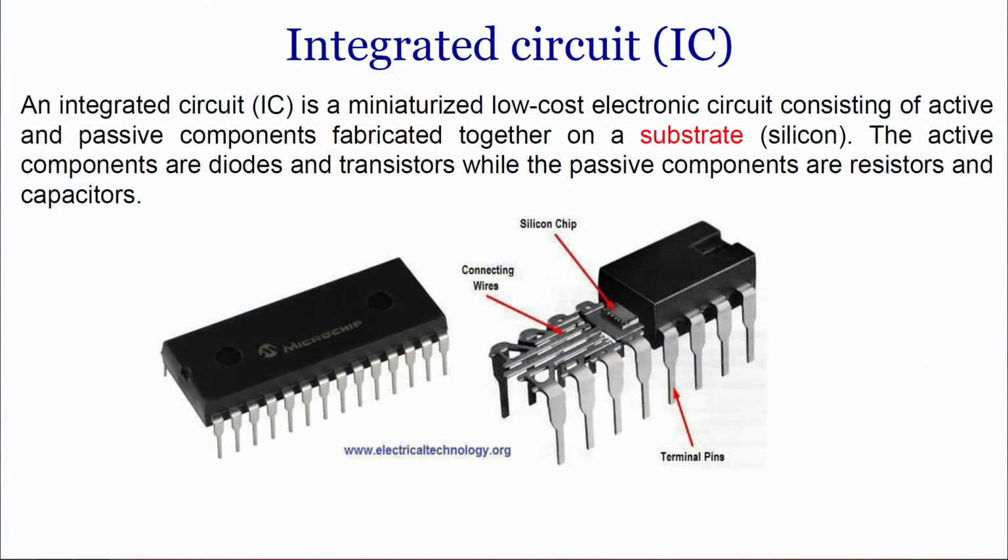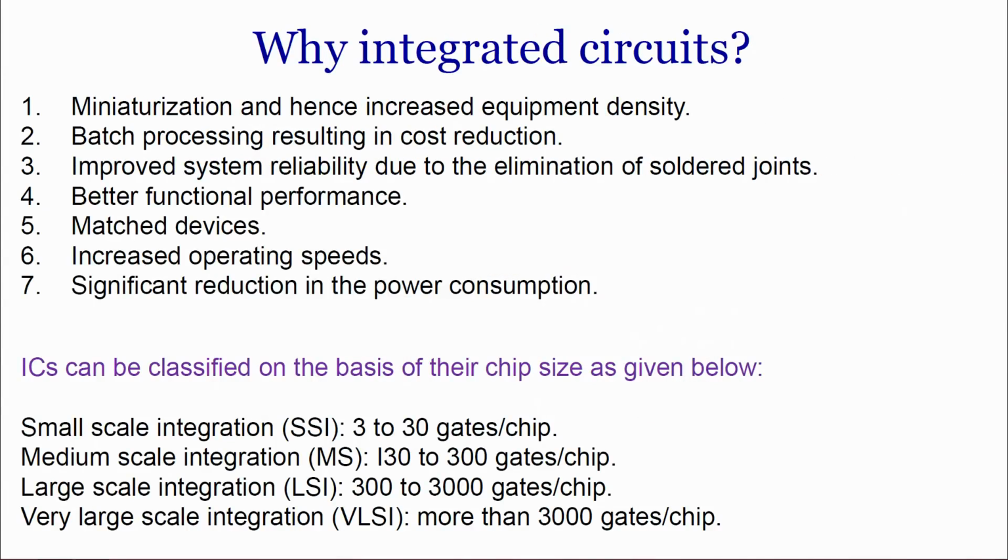All right. We talked about integrated circuits, and an integrated circuit is nothing but a miniaturized low cost electronic circuit consisting of active and passive components, built on a substrate which is silicon. When you open an IC, you will see a silicon chip within the integrated circuit. Then we talked about why integrated circuits.